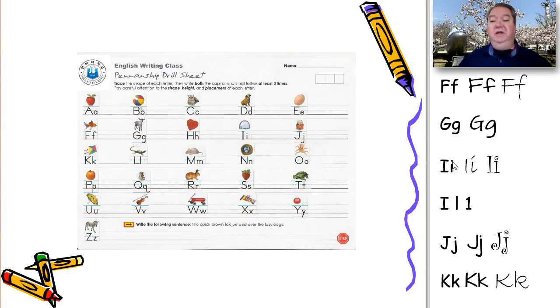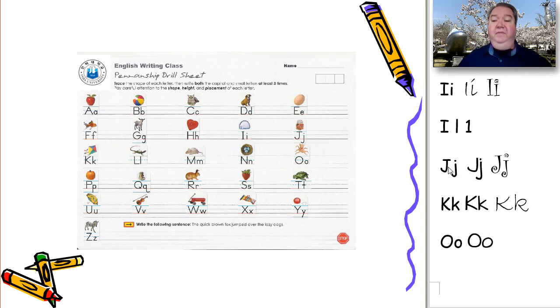It should just be a round dot here, not an apostrophe and not a little circle. And it's not a flat line above the i. That would be like a pronunciation symbol. That would mean it's a long i. So you don't want a line, you don't want a circle, just a dot above the i.